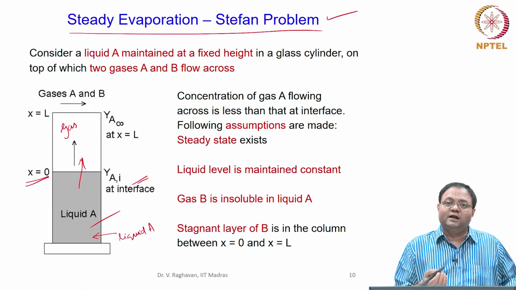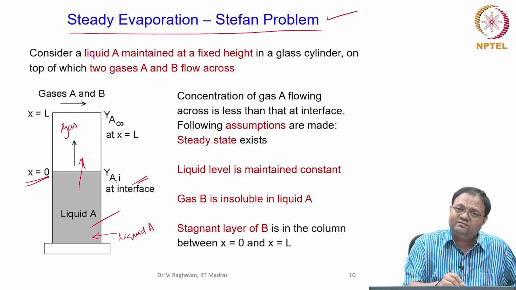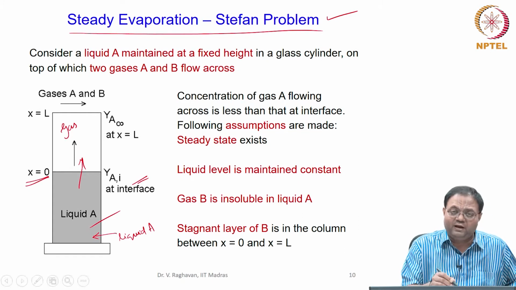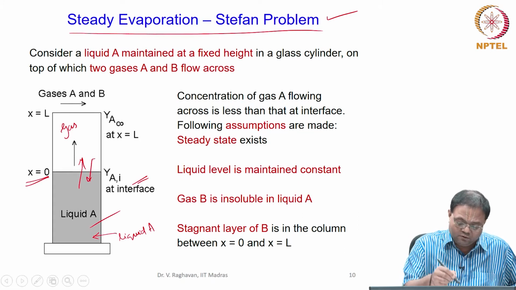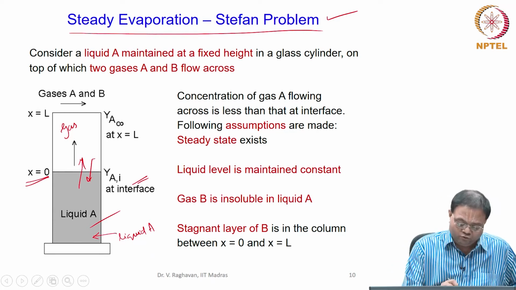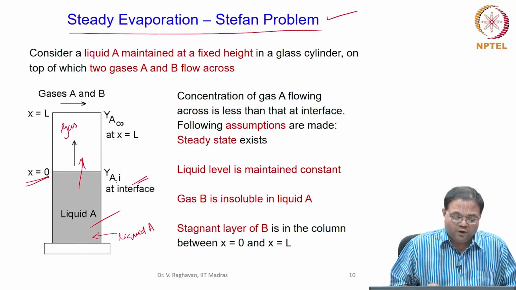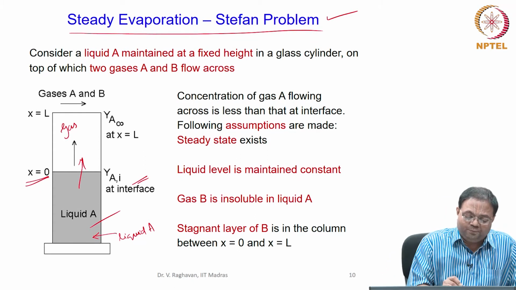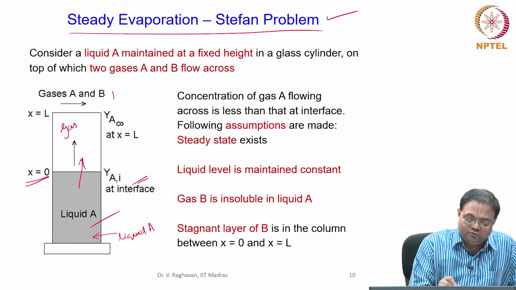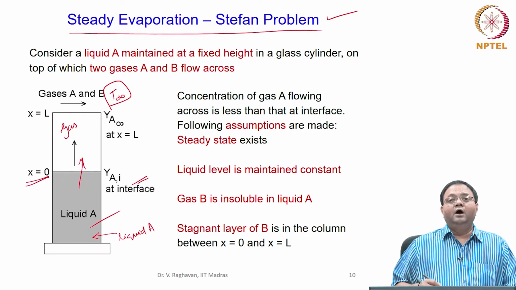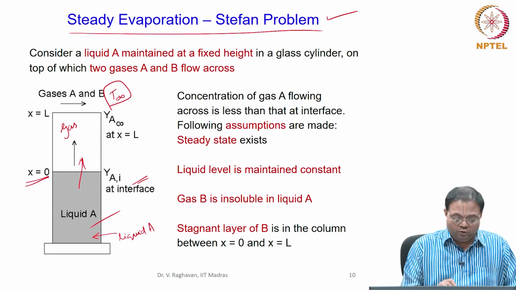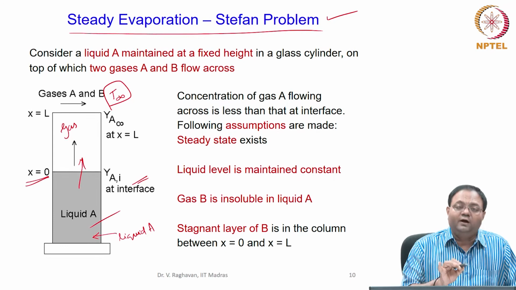Similarly, condensation can occur. The gas which has vapor A can condense. But now we are seeing the evaporation problem basically. That means the temperature here, say T infinity, is sufficient to provide the energy to the liquid so as to evaporate the liquid.